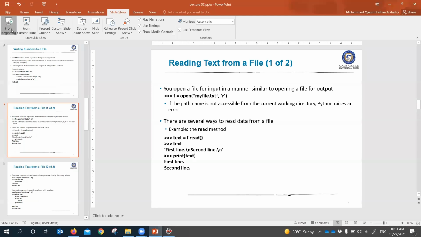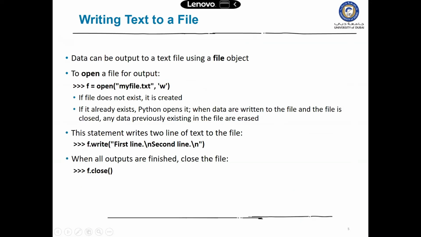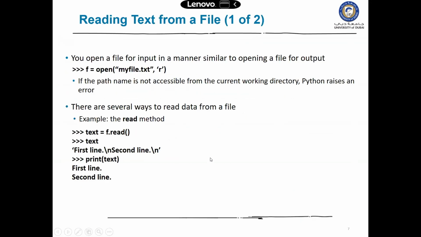So let me go back here. Our work is manipulating text files. To read, it's the same exact syntax, but the difference here will be the flag or the argument, this one here. Instead of write, I will do read.